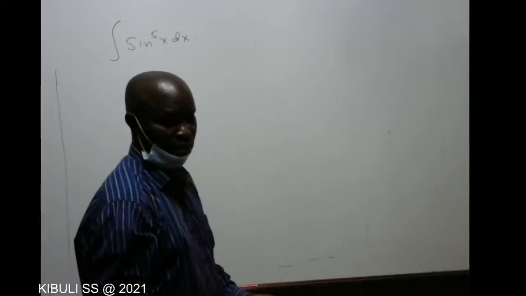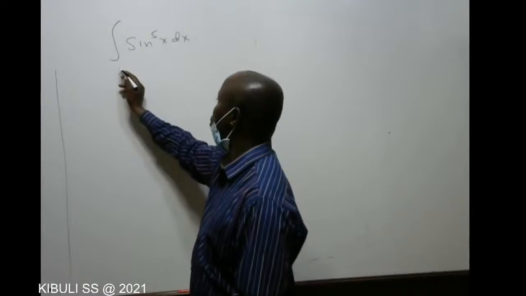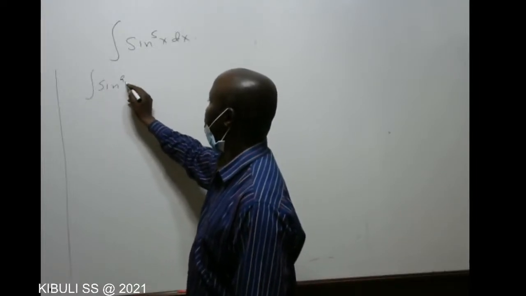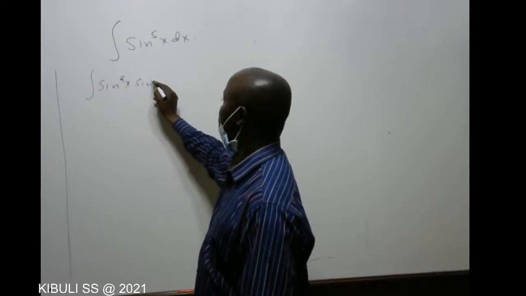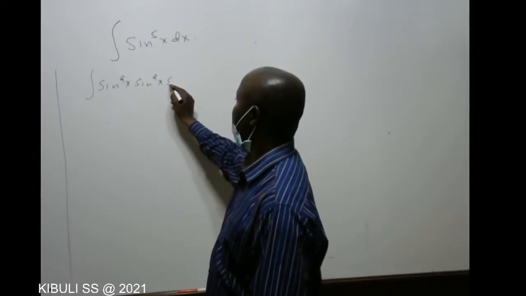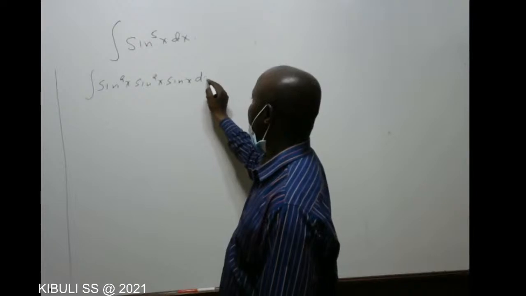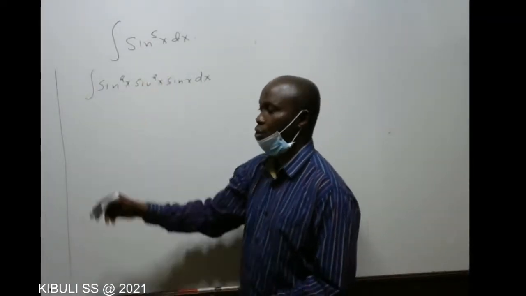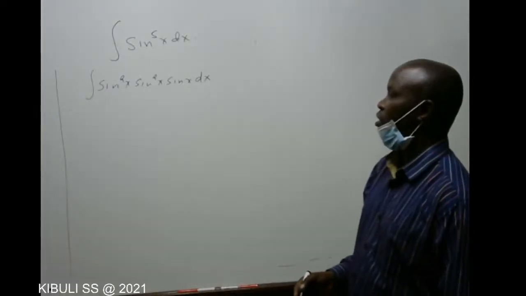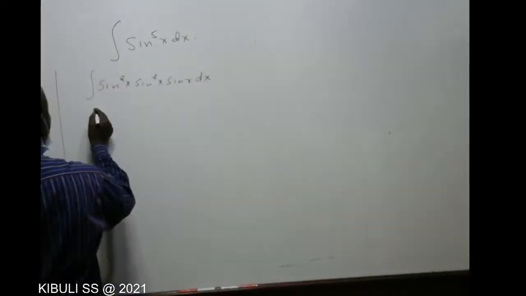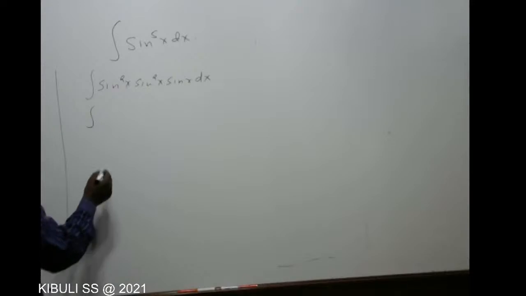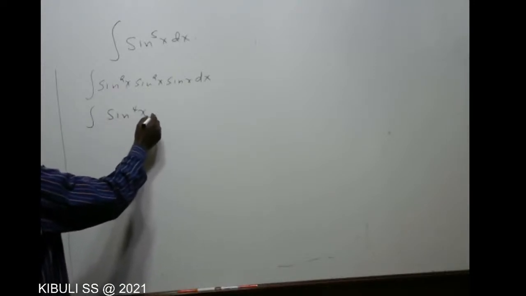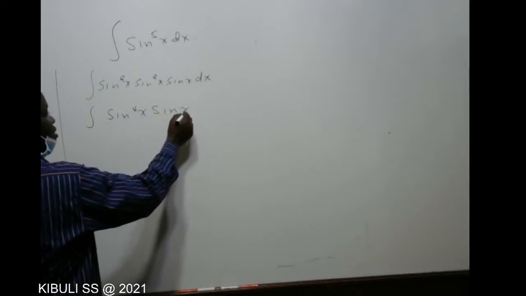Using Pythagoras theorem, I'm going to condense it to sine squared x, sine squared x, sine x. Why are we condensing it? Pythagoras is power 2. And therefore, this means the integral of sine power 4x sine x.